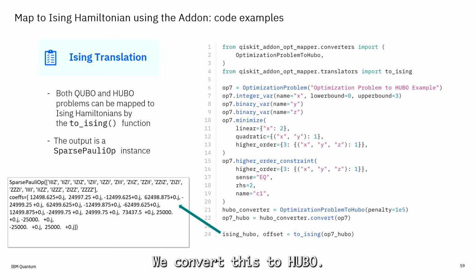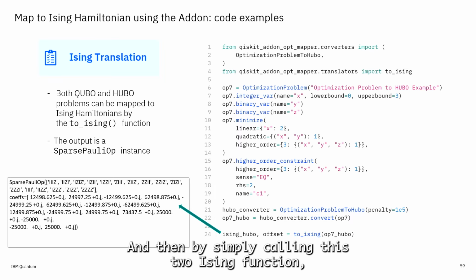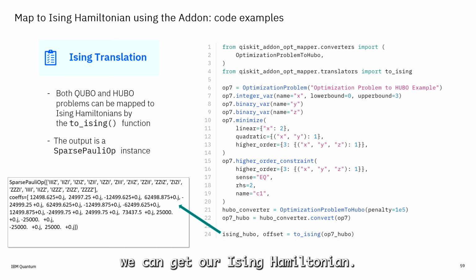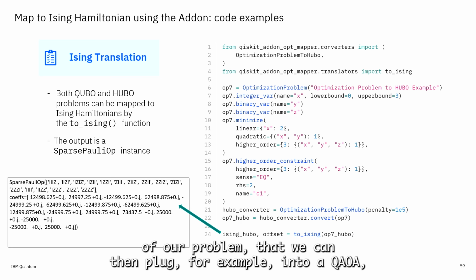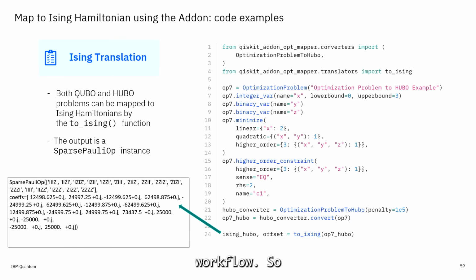We convert this to HUBO. On line 22, we get our HUBO formulation, and then by simply calling this toIsing function, we can get our Ising Hamiltonian. This is a SparsePauliOp, a Qiskit class. This is what we will refer to from now on as the cost operator of our problem that we can then plug, for example, into a QAOA workflow.